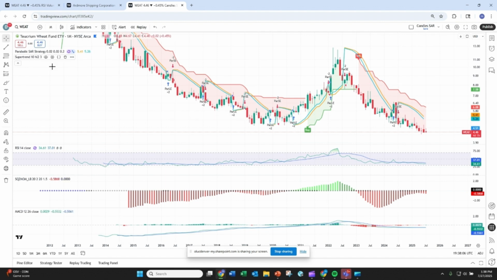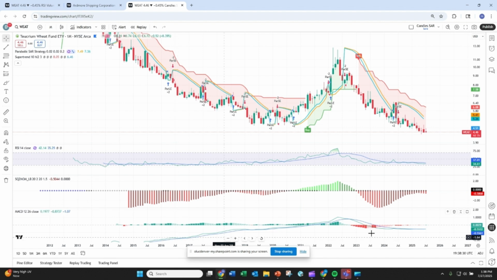And then the super trend, which is more long term. You can see the buy and the sell. So this is to both sell. RSI's pretty ugly. Squeeze momentum looks very not enthusiastic. And MACD, longer term, it's trying to break up.